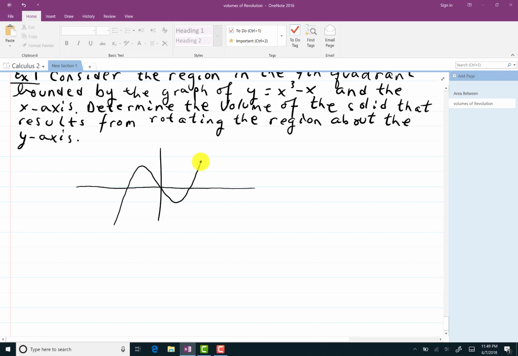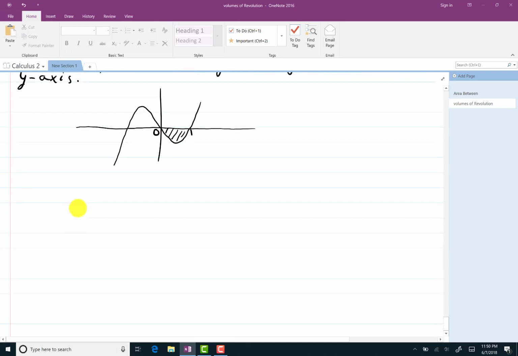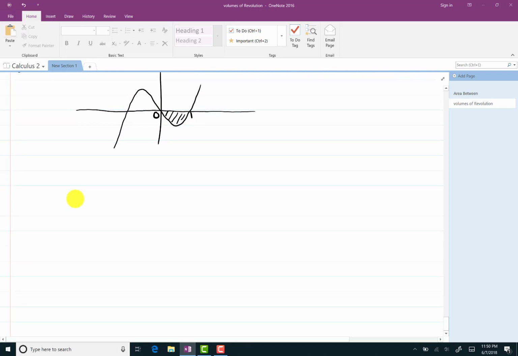We are interested in the stuff in the fourth quadrant that is bounded by this graph and the x-axis. So we're down here. This is the fourth quadrant. Here's the x-axis. There's the graph. So they are talking about the region in here. And you can use your calculator. You can set the function equal to 0 to find these, but you'll find that the zeros are at 0 and 1. So let me blow that picture up for my next drawing.